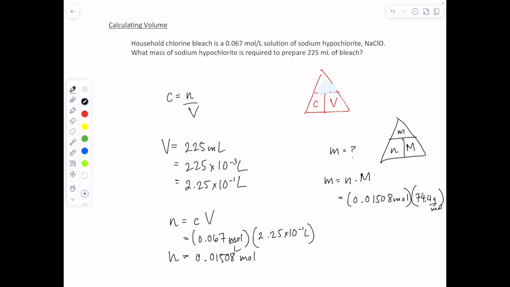If we punch this into our calculator, we end up with 1.12 grams of NaClO.